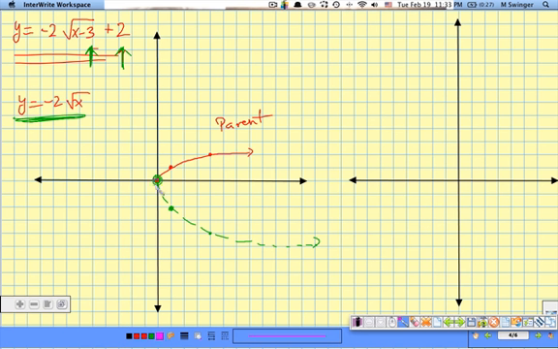I take every coordinate that I just plotted and move them 3 to the right. I'm going to take this one, 1, 2, 3 to the right, 2 units up, 1, 2, put it right here, make a dot. Take this one, 1, 2, 3 units right, 2 up. Take this one, 1, 2, 3 to the right, 2 up. There it is. I'm going to draw myself my curve.